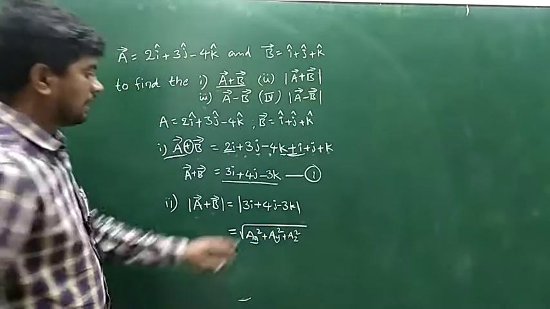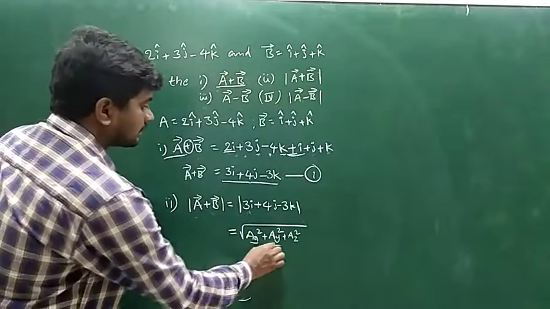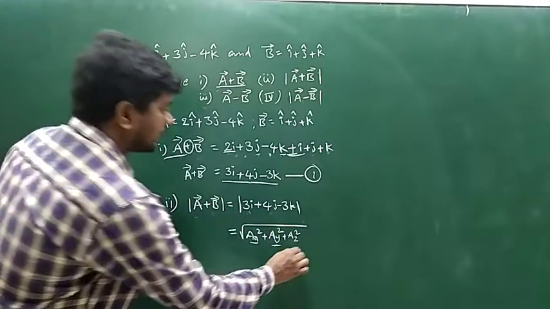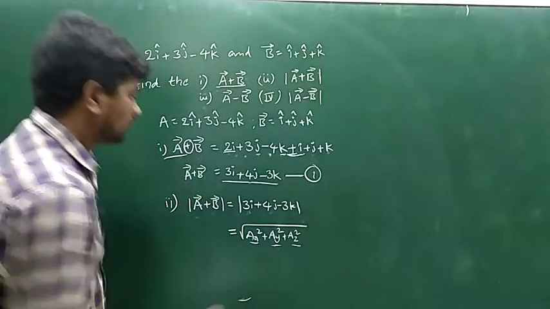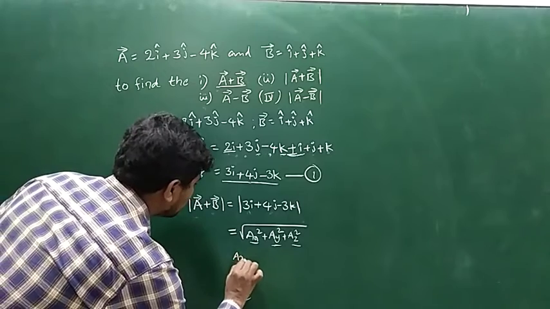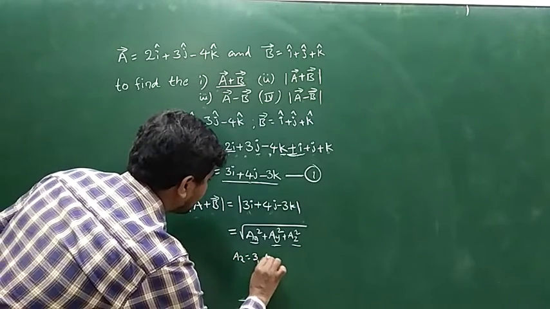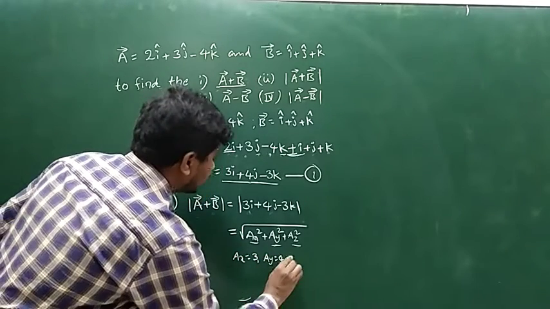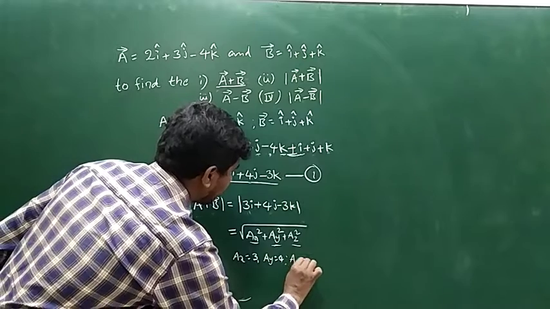The x-axis is the i unit vector, y-axis is the j unit vector, z-axis is the k unit vector. Therefore, ax is equal to 3, ay is equal to 4, az is equal to minus 3.